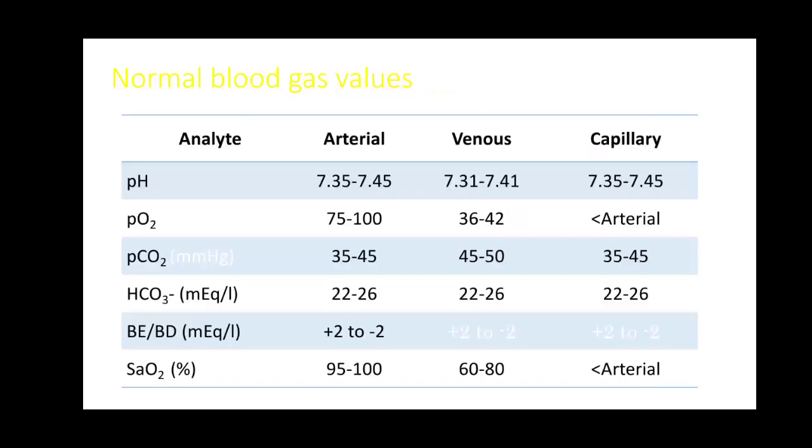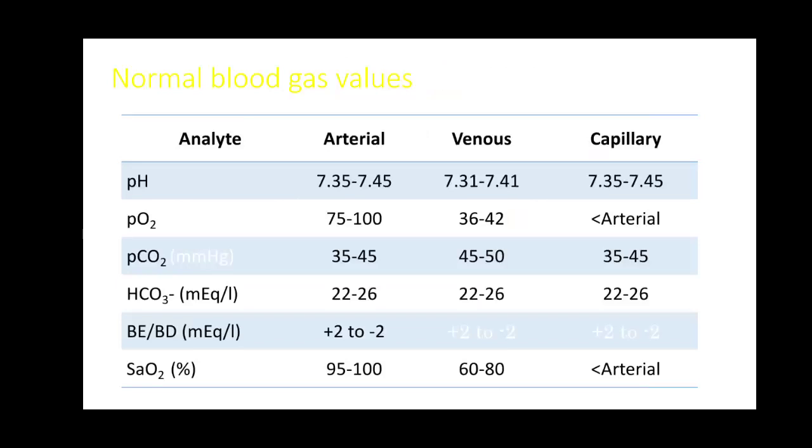So here we can see the normal blood gas values, where the analytes are pH, PO2, PCO2 and bicarbonate, and also saturated oxygen. How they are present in arterial, venous and capillary blood, those values are listed.